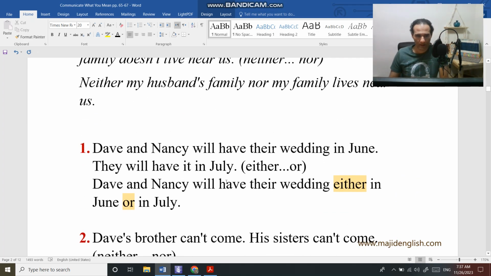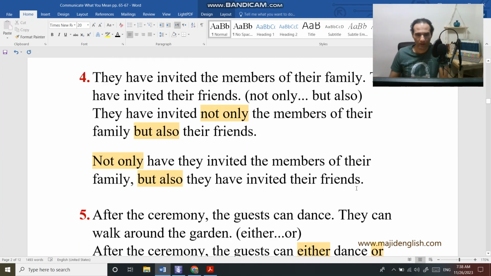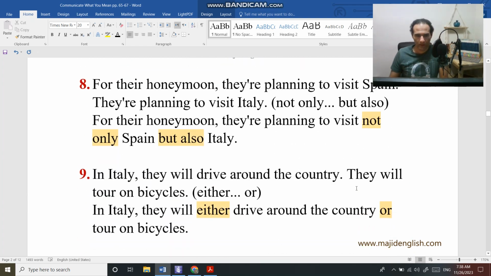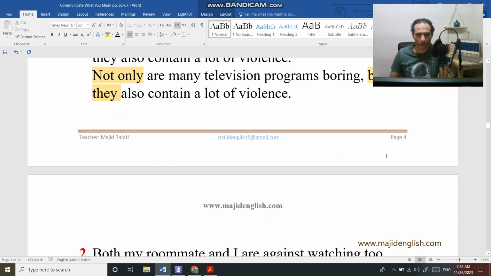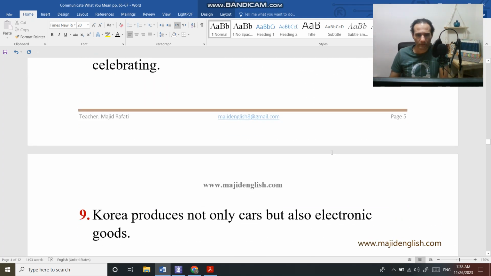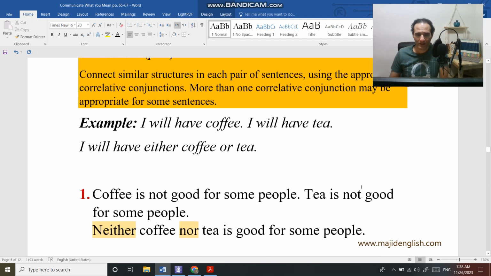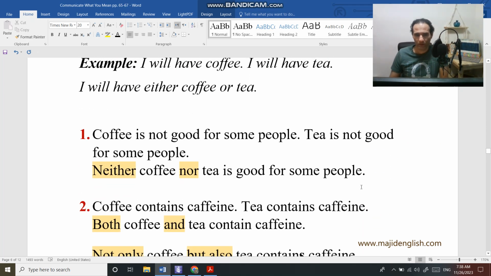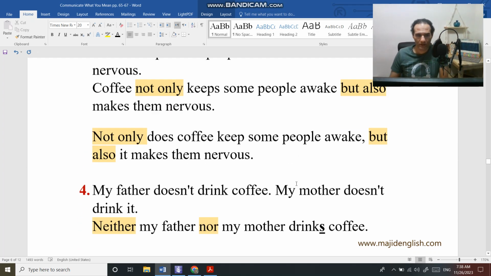In this exercise, we connected the sentences with either...or, neither...nor, not only...but also, and both...and. Exercise 6 had the mistakes that we talked about. Be careful that in most of these correlative conjunctions, the verb agrees with the nearest subject, except for both...and, for which the verb is always plural. Exercise 7 was a very useful one because you were deciding which correlative conjunction to employ.